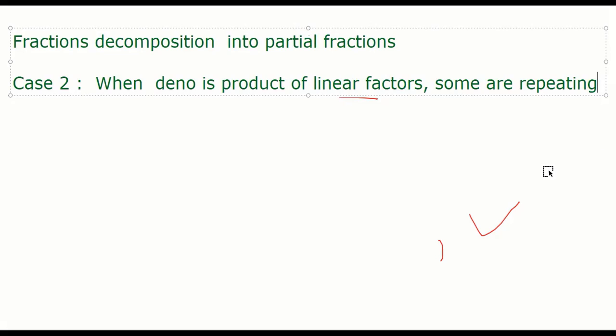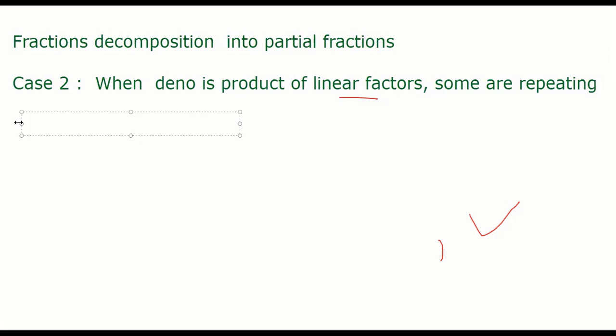See, it's all about the format of writing. The first format was A by factor 1, B by factor 2, C by factor 3, like that. The second case is, what if some factors are repeating? Let's do it with an example. Let me take some example which gives you this idea.